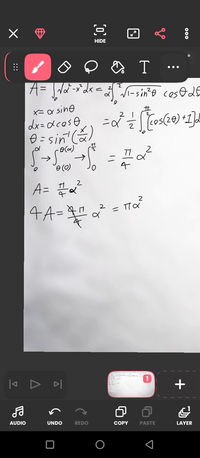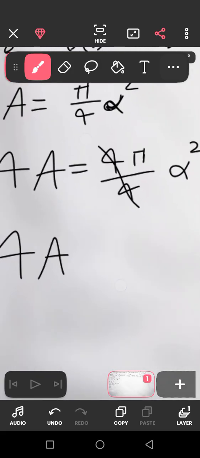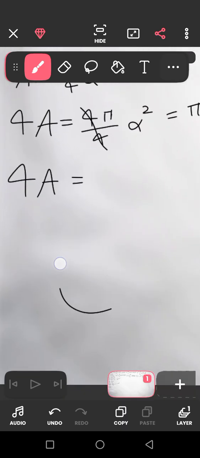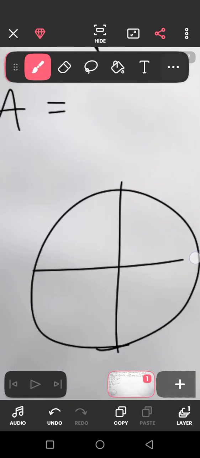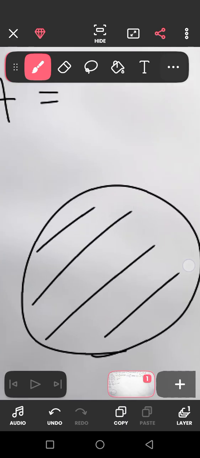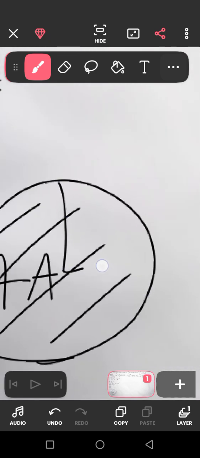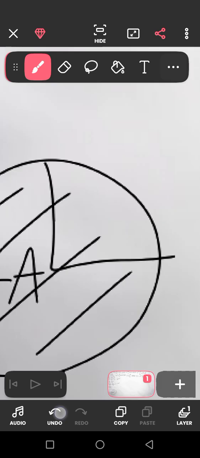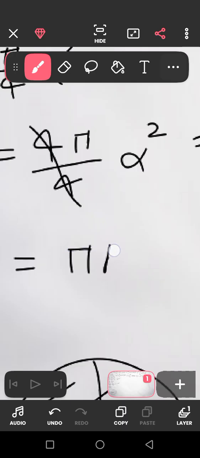In math, r is often used as the variable for radius, so with radius r, the area is equal to pi r squared.